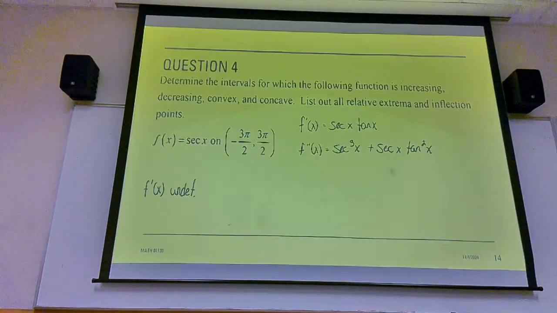Is there anywhere f prime is undefined? What's cosine of pi?